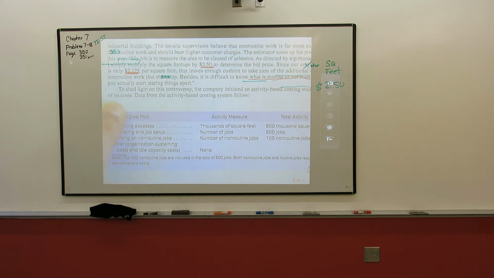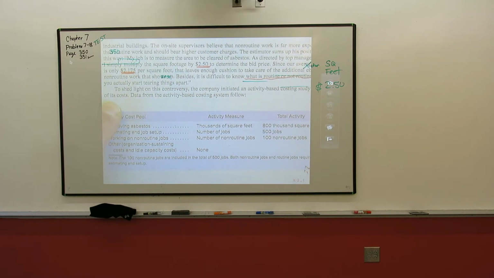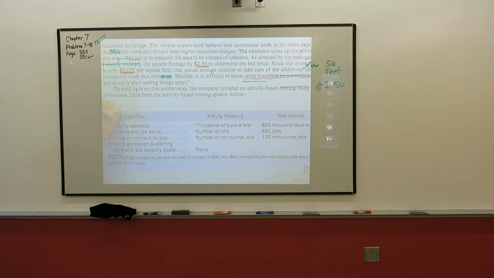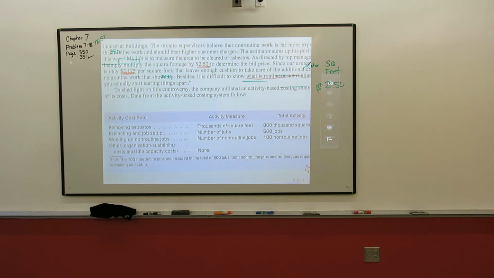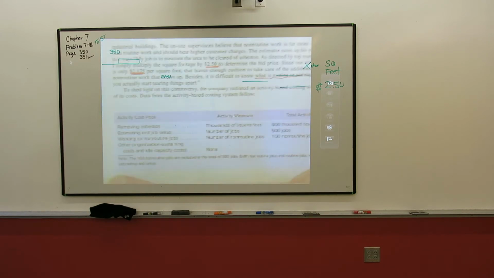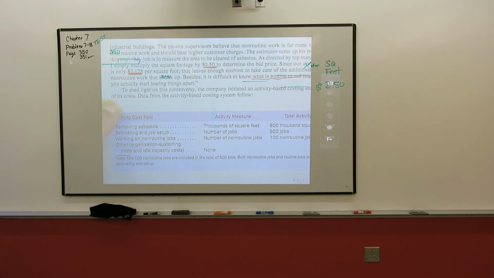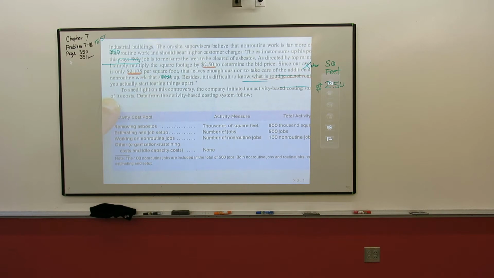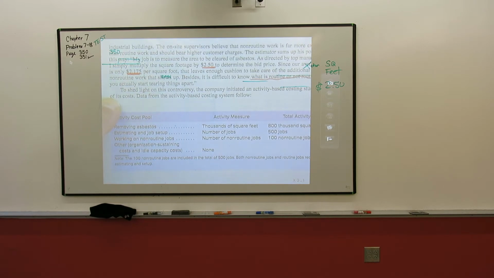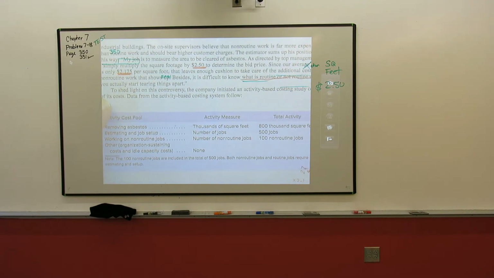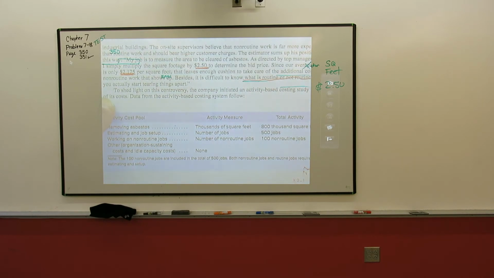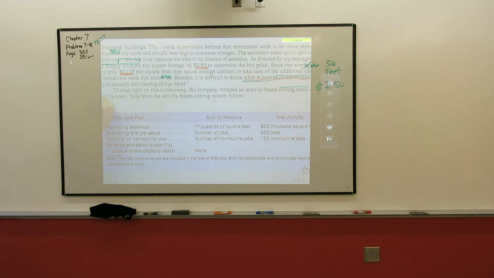It takes up the entire page. I don't want to get my fingers in the way. Okay, let's try and continue.